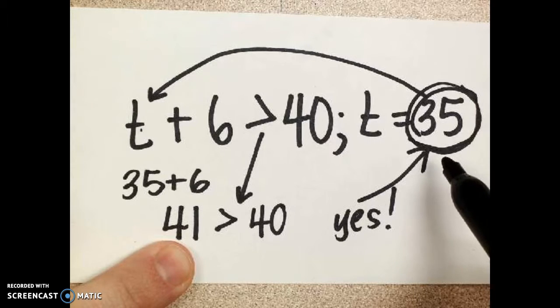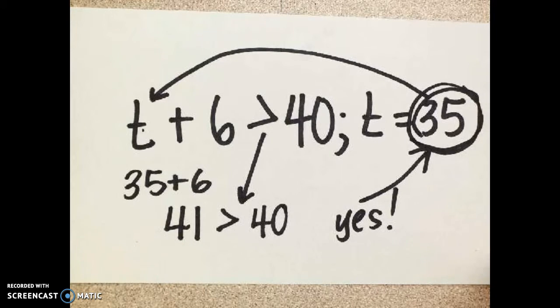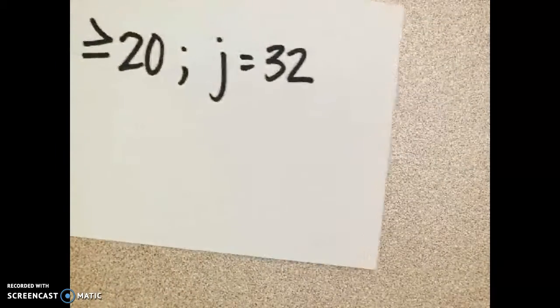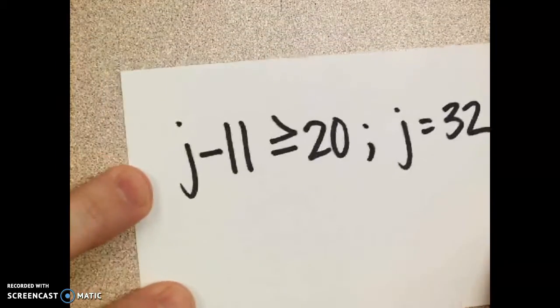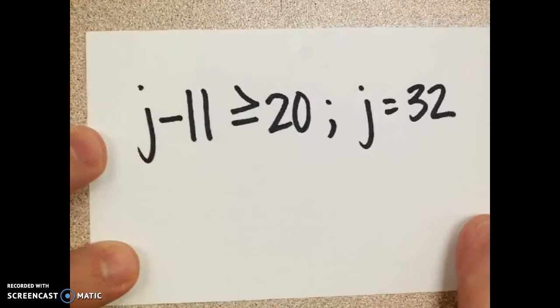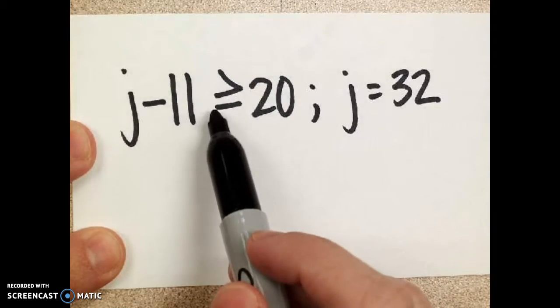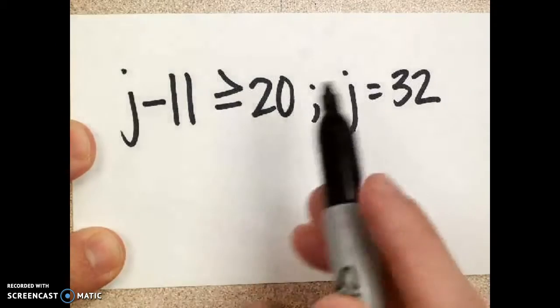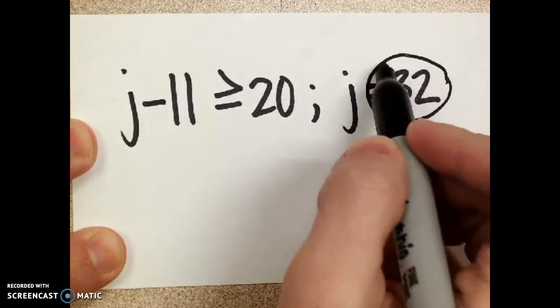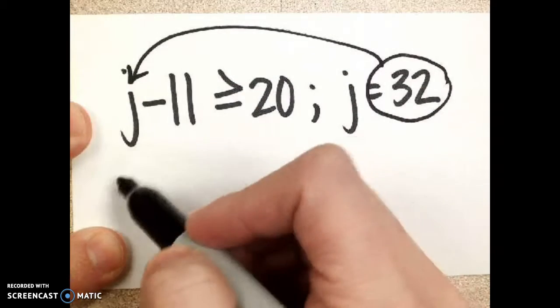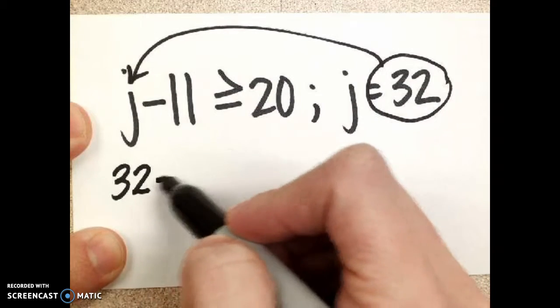Okay? So let's try another one here. What about one with greater than or equal to? Okay? So if we look at this one, we have the greater than or equal to sign. So we're going to take the value of j is 32, and we're going to plug it in. So now our number sentence would say 32 minus 11.